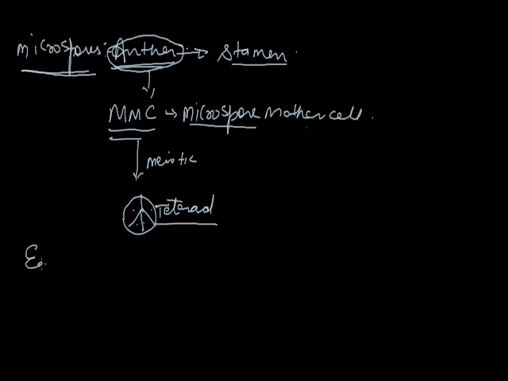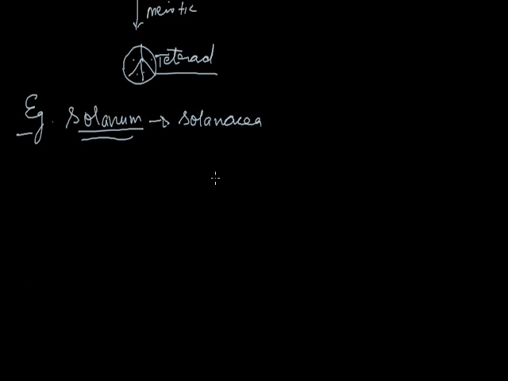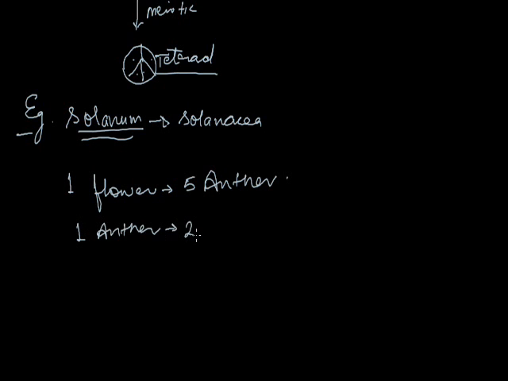For example, if we see the Solanaceae flower, Solanum, this plant belongs to the Solanaceae family. This Solanum is Solanum nigrum. What happens in this flower? In one flower, there are a total of 5 anthers, and in one anther, there are a total of 25 microspore mother cells.